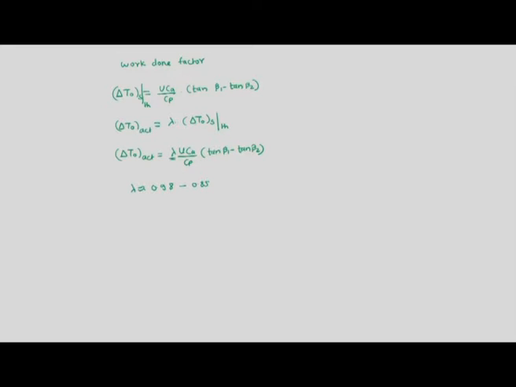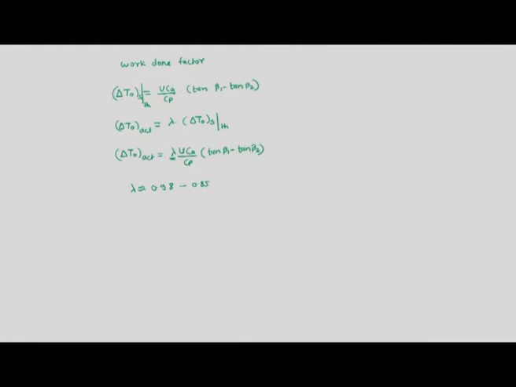This number is less than 1. So actually we would get lesser temperature rise than the theoretical one, which we would have got otherwise if that much amount of work would have got stored in the compressor.